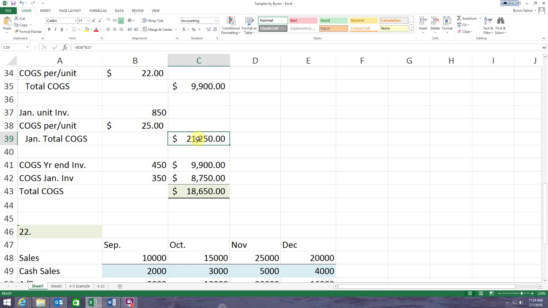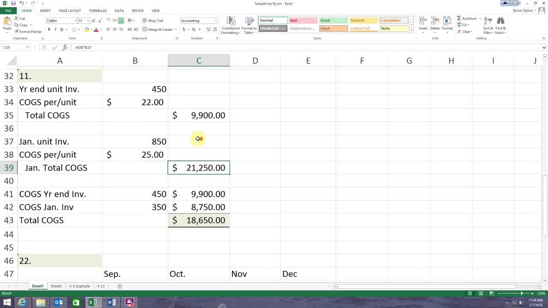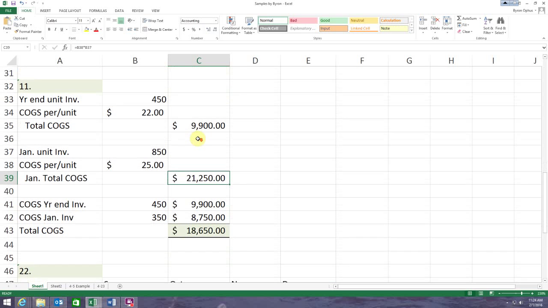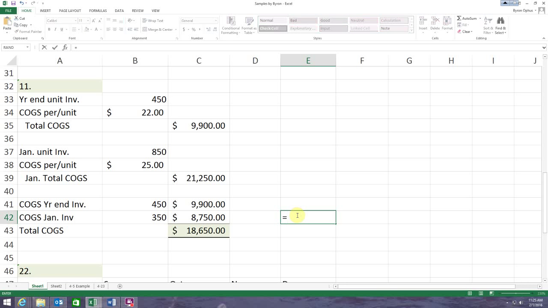Although that doesn't really come into play. What I need to know is that I sold 800 units. I didn't really do that math any place here, but I did 800 units, and I'm going to sell first in, first out. So I'm going to sell these 450 units first, and so let's do it right here.